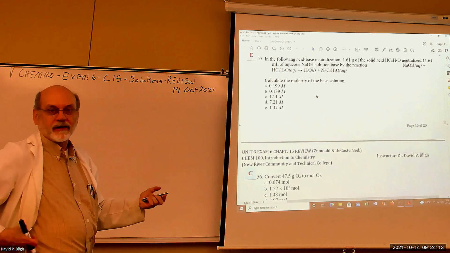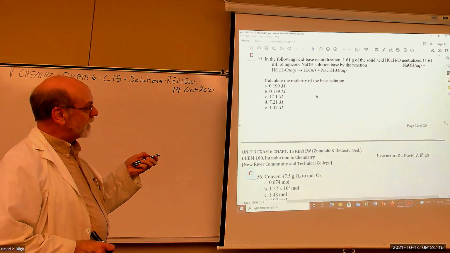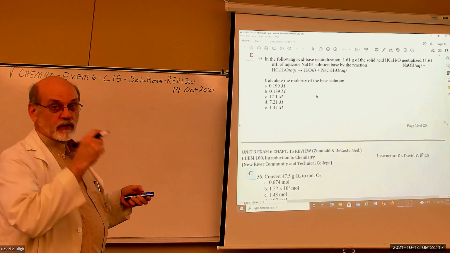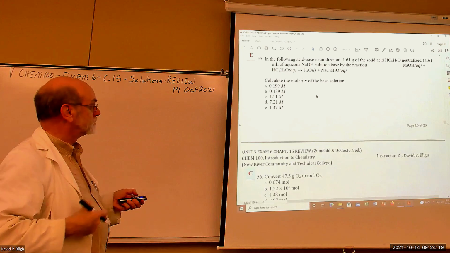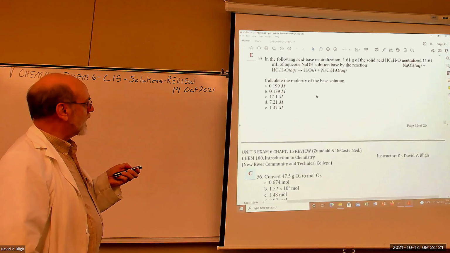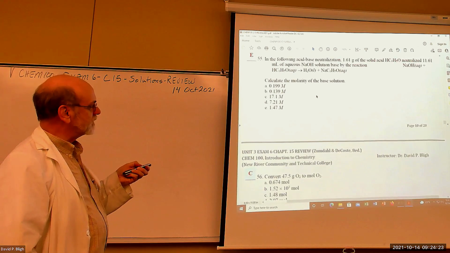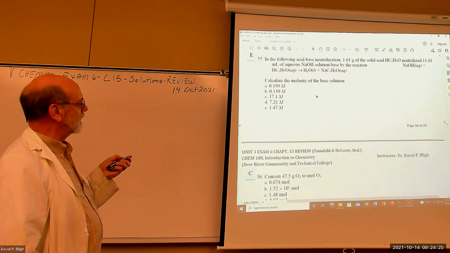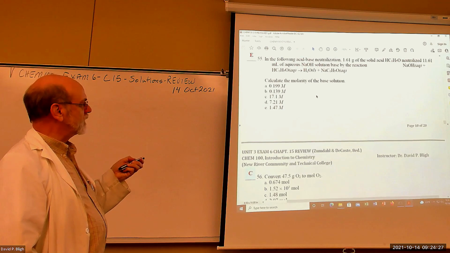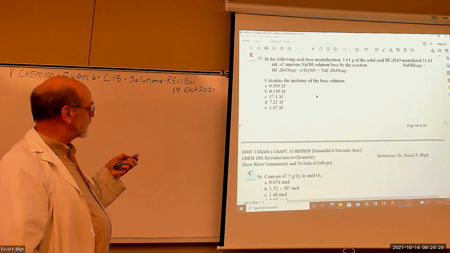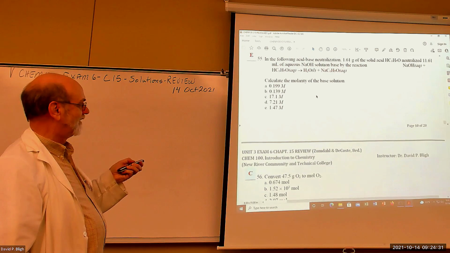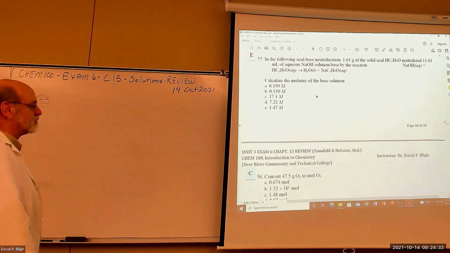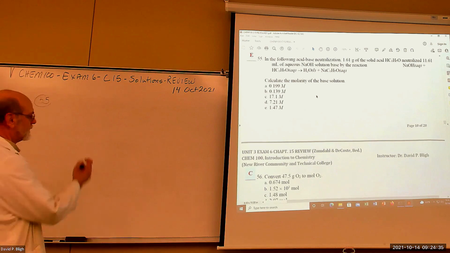It's neither here nor there. We've got the formula, and there's our acidic proton. So it's 1 proton per molecule that is neutralized. This much acid neutralized 11.61 milliliters of aqueous sodium hydroxide solution based on this reaction. Okay? Calculate the molarity of the base solution.